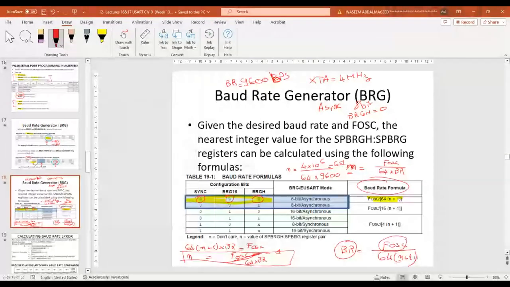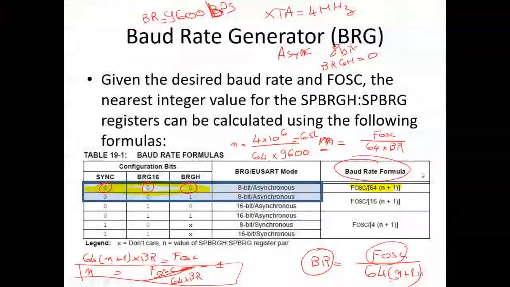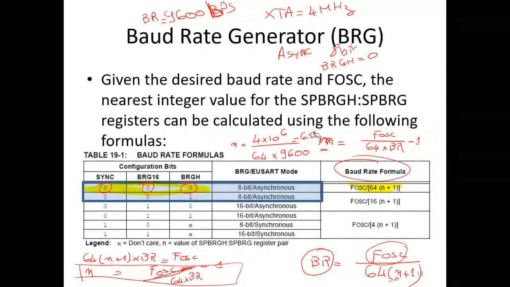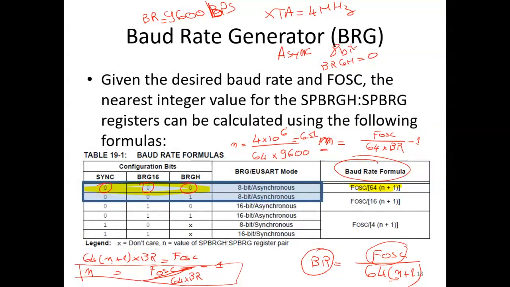So here we have 6.51 minus 1, so the value will be 5.51.